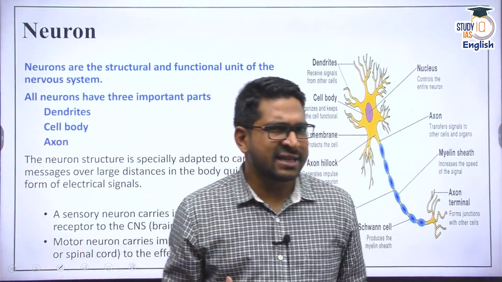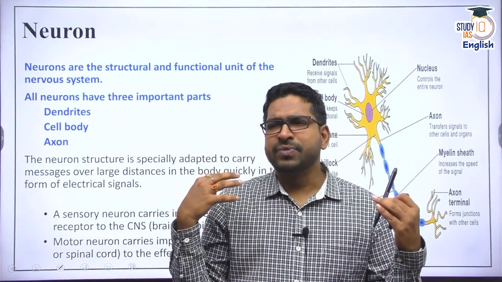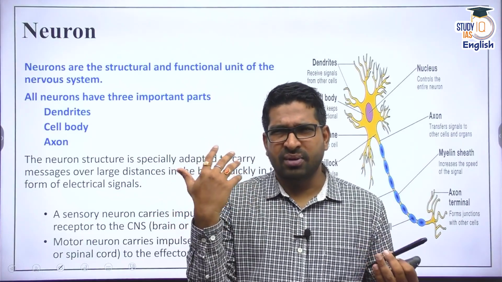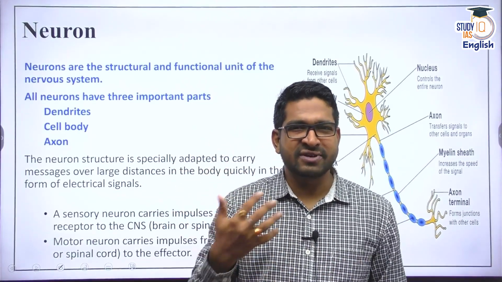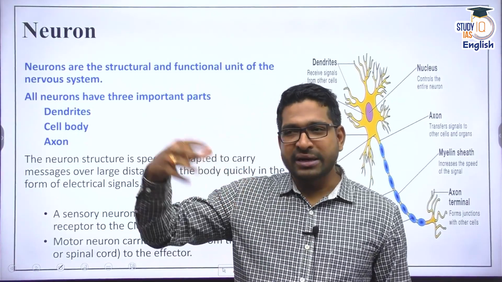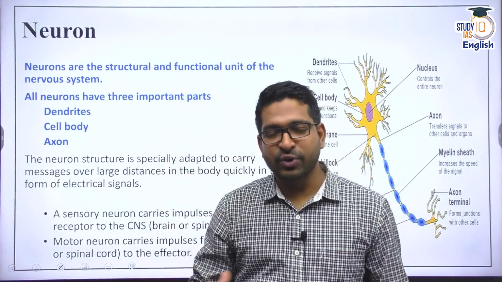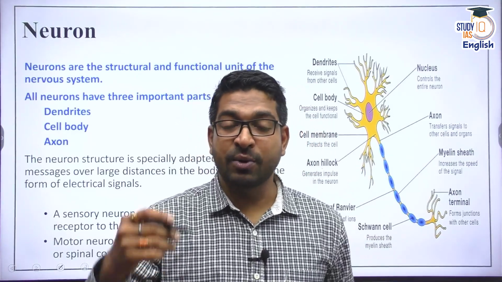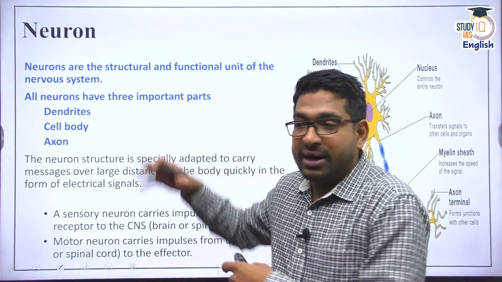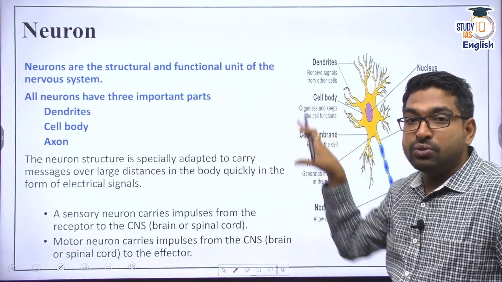In fact, it is said that in the human brain there are about 100 billion neurons. They say the number is ever increasing, because the more intelligence we gather, the number of neurons and neural connections increase. The spinal cord is nothing but an interconnection of these neurons.